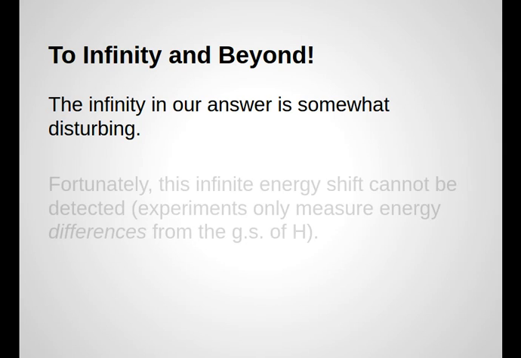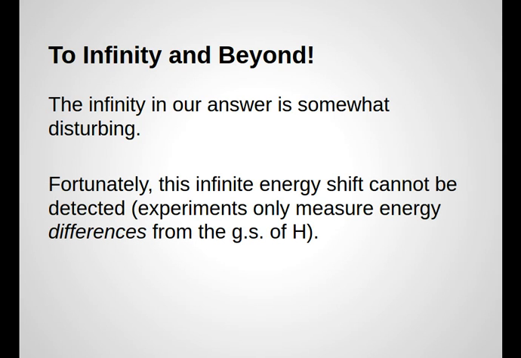And the way we can accept it is the fact that, in experiments, they can't measure this infinite energy shift. All they can do is measure the energy difference between the ground state and whatever excited state you have.